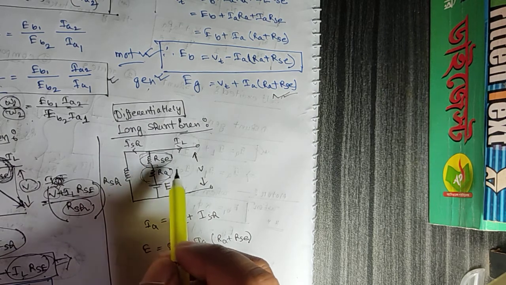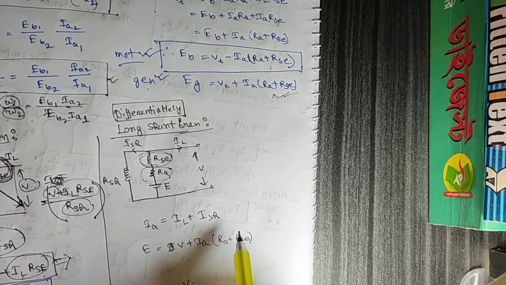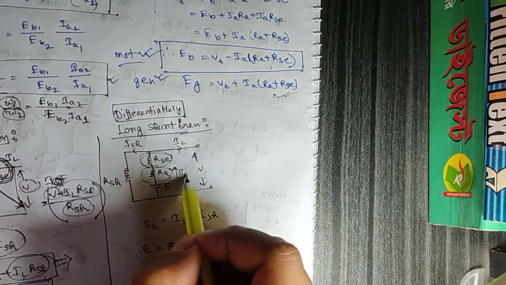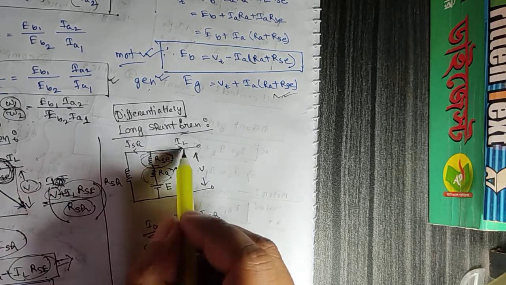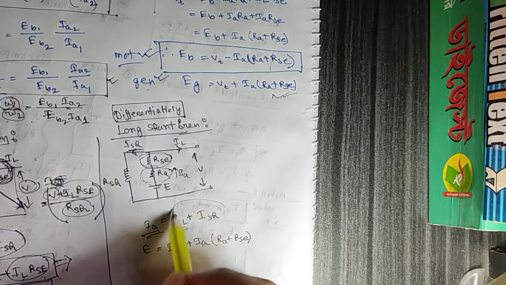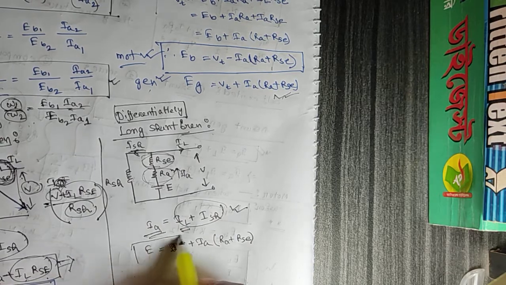That's why one field is just opposing another winding, and the net flux produced is totally getting decreased in this case. And the armature current equals line current plus shunt current. Okay, this is the equation for armature current.